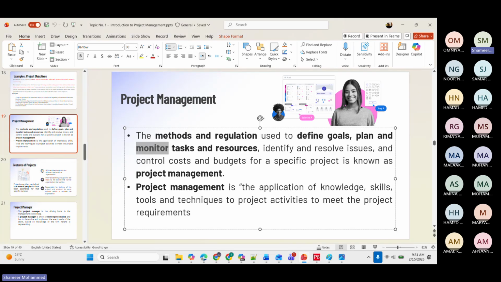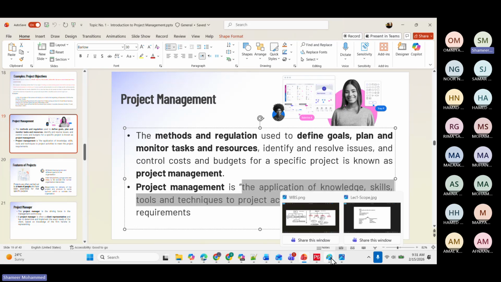So project management means you need some goals. Define the goal, define the plans, monitor, yani closely check. Okay. Then manage the resources, people. So people, money, hardware, software, everything. Yani you are applying your knowledge, your skills, your tools, your techniques in order to complete the activities of the projects.